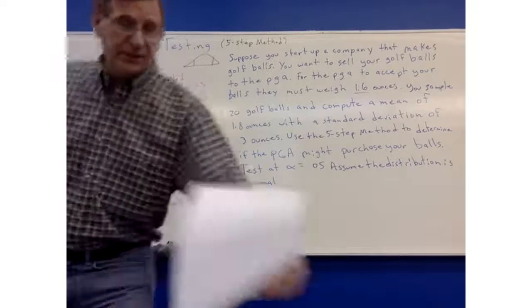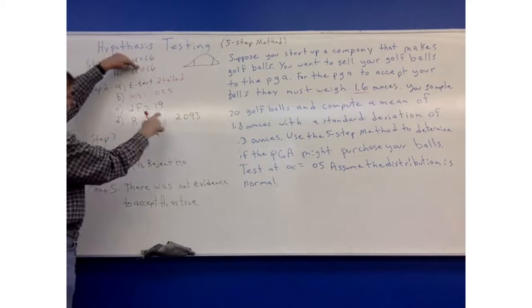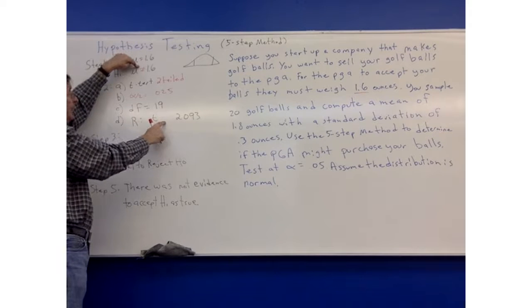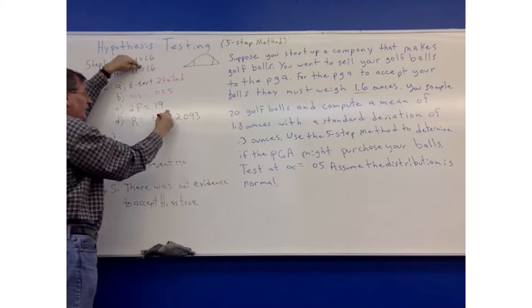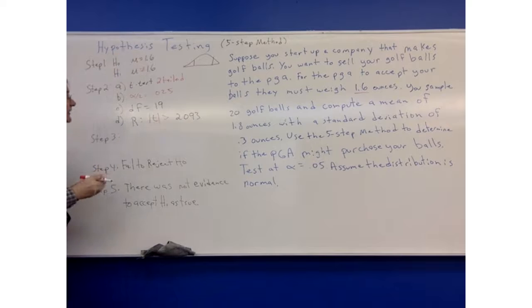Now, because this is a two-tailed test, you remember this and this matched when it was a one-tailed test. It's a two-tailed test, and every time you have a two-tailed test, you have a greater than and you have an absolute value. That's how a two-tailed test looks different.